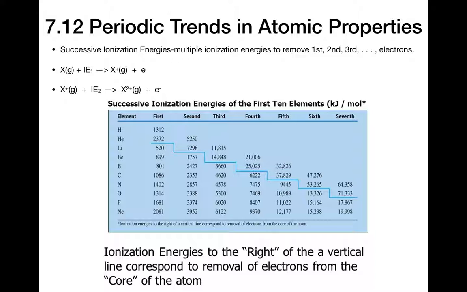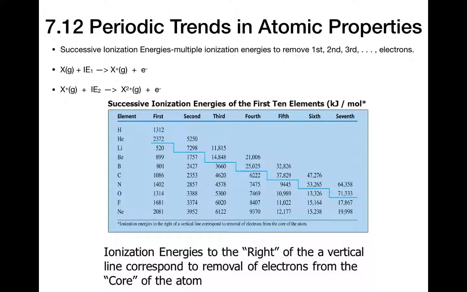The second ionization energy of helium is, in fact, more than double the ionization energy of the first electron to come out of helium. The second ionization of lithium is over 10 times the first ionization energy of lithium.